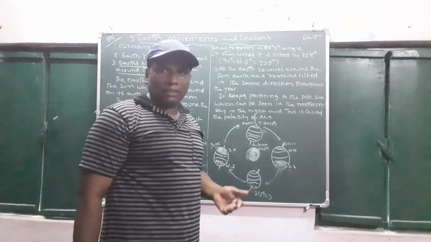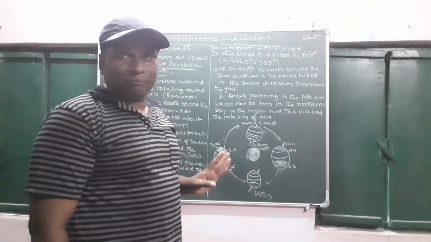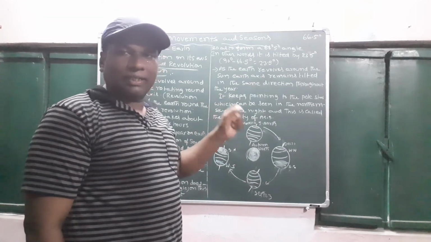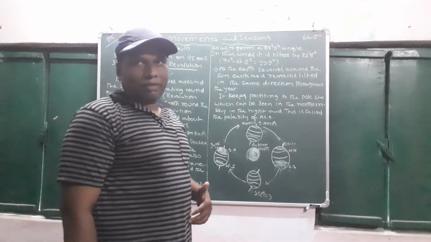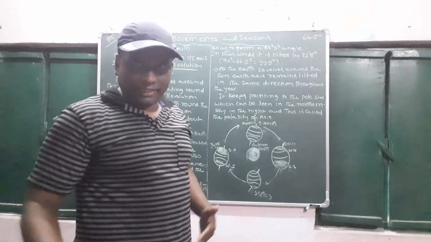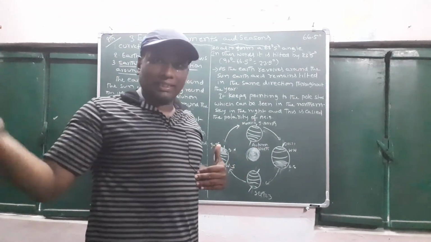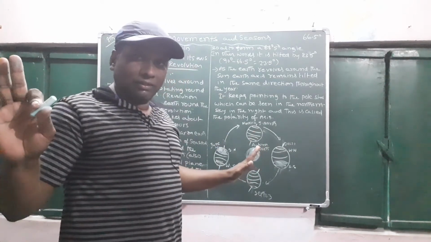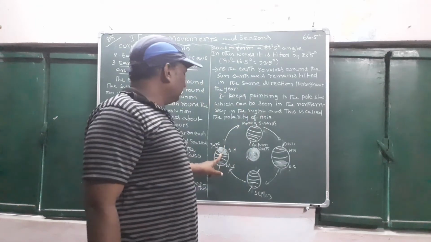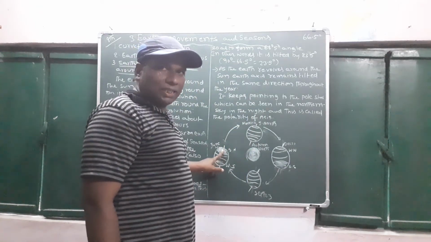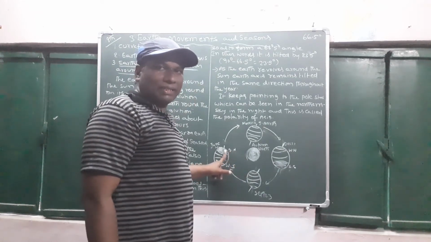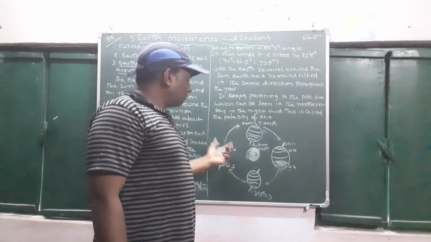For example, India is located in the northern hemisphere; Australia, South Africa, Chile are located in the southern hemisphere. If in India we have summer, in Australia they have winter. If we have winter, in Australia they have summer. Why? Because the earth moves, and in some months the northern hemisphere is tilted towards the sun, so sun rays fall here, so that is summer.